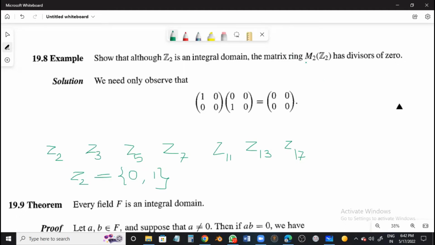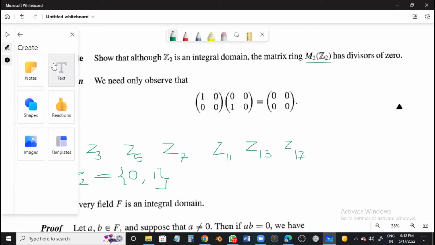Meaning the matrix ring M2Z2 is not an integral domain. You can watch here: I have taken 1 0 0 0 multiplied by 0 0 1 0. Still the answer is 0. The product of two non-zero matrices is the 0 matrix. So this M2Z2 is not an integral domain. Followed it? So you should have this statement: M2Z2 is not an integral domain.